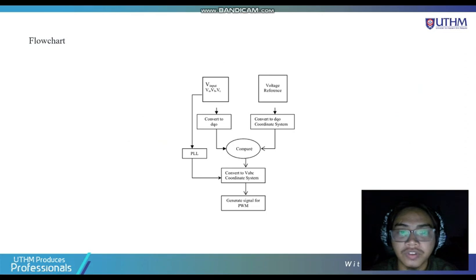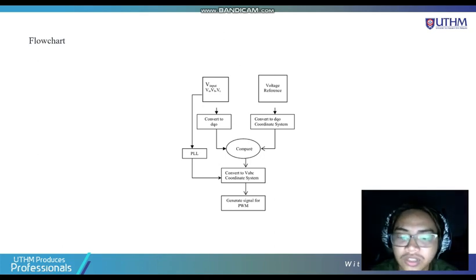So we move to the flowchart. This is the flowchart of the basic concept of DVR operation. One of the most accurate and efficient custom power devices in the power system is the dynamic voltage restorer, that means DVR.